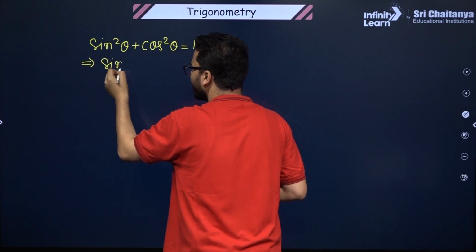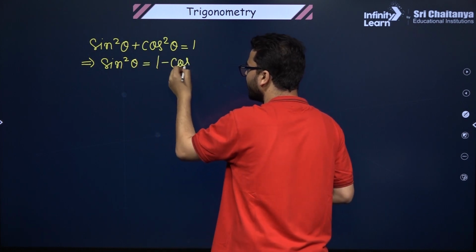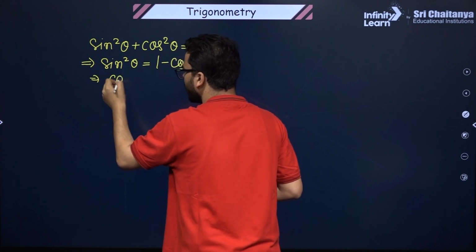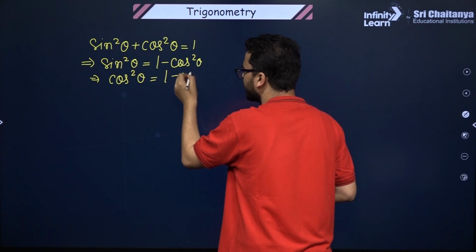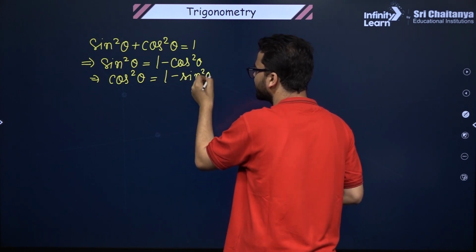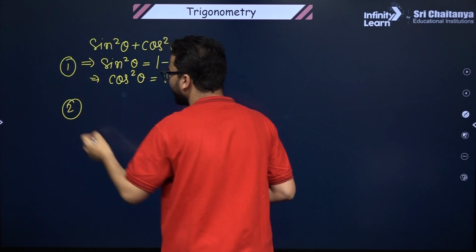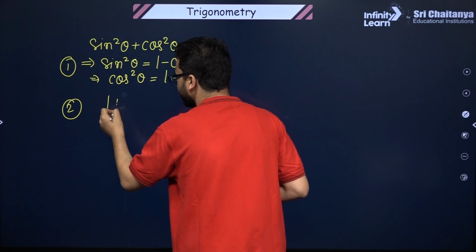For example, you can write sine square theta is equal to 1 minus cos square theta, and you can write cos square theta is equal to 1 minus sine square theta, depending upon the use, right? So this is your first trigonometric identity. The second trigonometric identity is 1 plus tan square theta is equal to sec square theta.